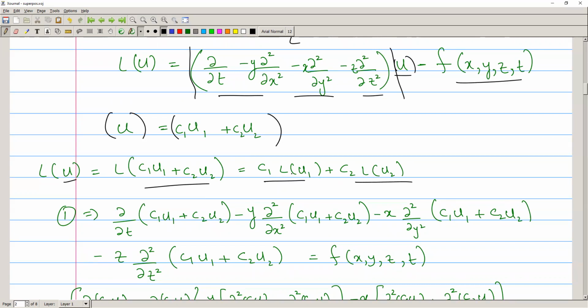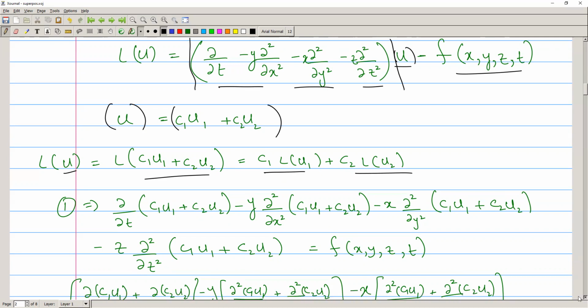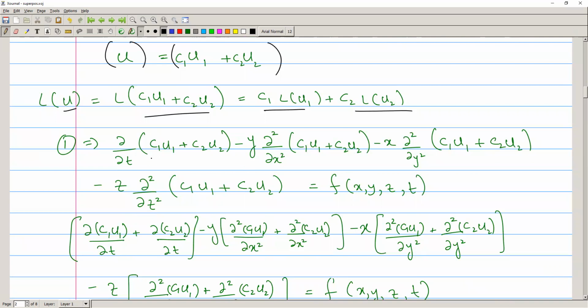This will be C1 L times U1 plus C2 L times U2, right? Now for every U, we will replace with C1 U1 plus C2 U2 everywhere in the equation. Everywhere. And after that, we can arrange the terms for simplification.